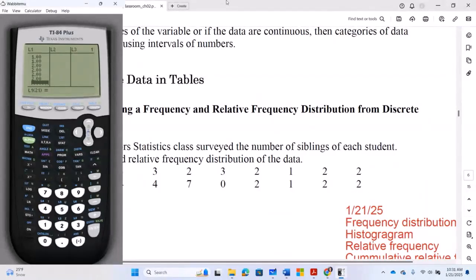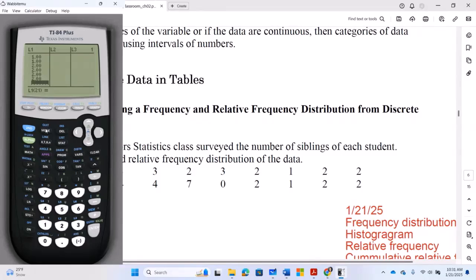I already know the total frequency is 20. So if my calculator is asking me for the next number, then I know there are 20 of them, so we have the right number.